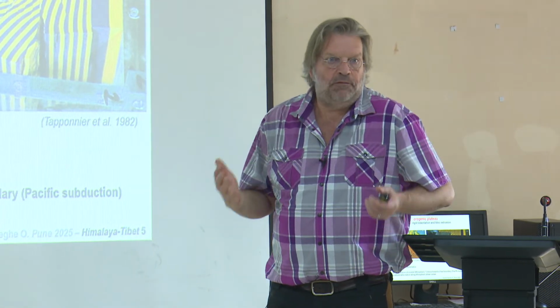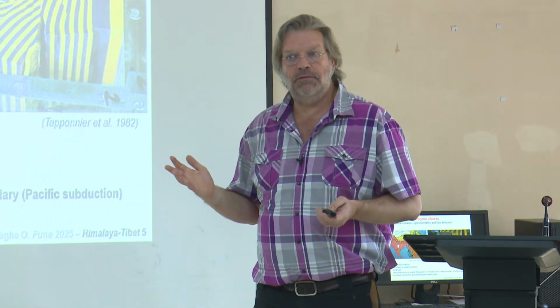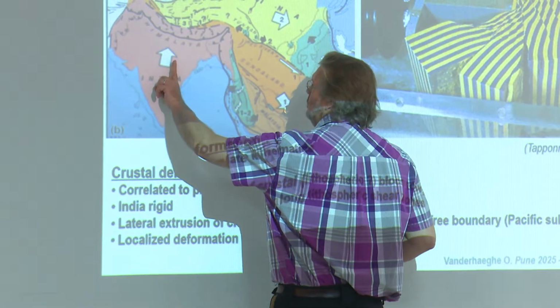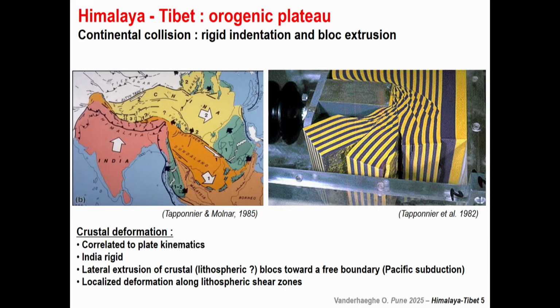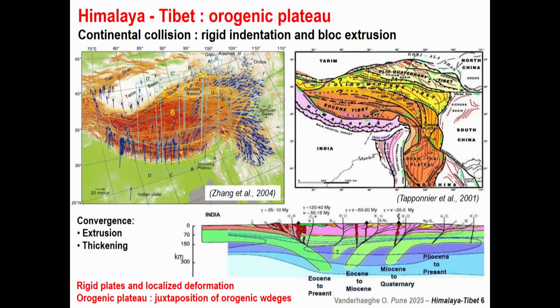Yeah? At first order, it looks like it fits, right? You have a change in displacement of material from north-south to east-west. So a transfer of displacement from north-south to east-west. So at first order, this current day displacement field looks like it matches the indentation model.